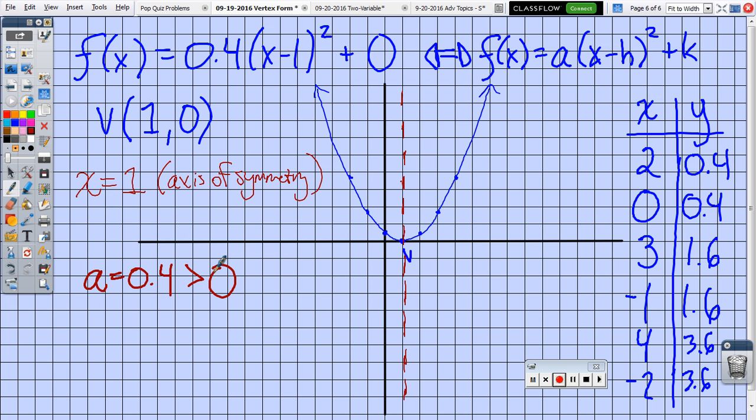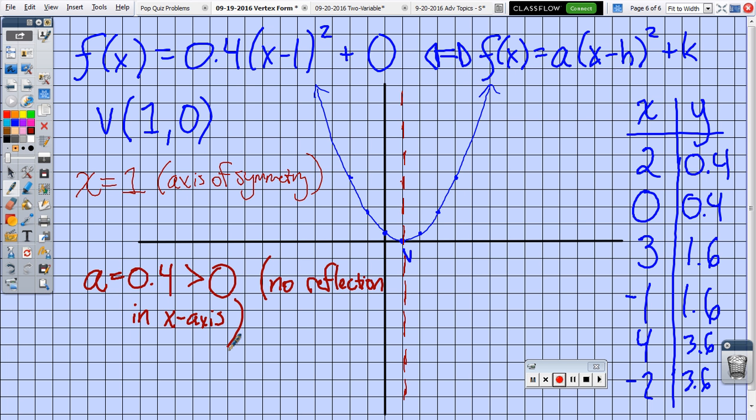Because a is positive, compared to the parent function, there's no reflection in the x-axis. So we'd say there's no reflection in the x-axis.